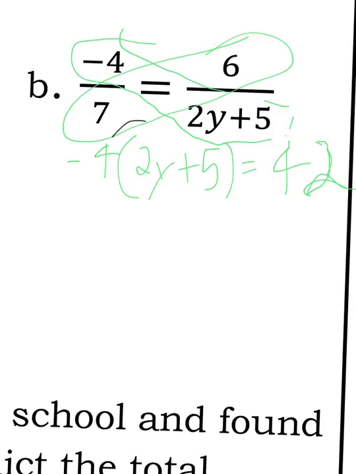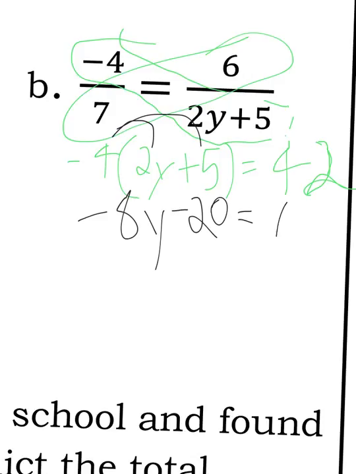Okay. Distribute. This is going to equal negative 8y. The negative 4 times 5 is negative 20. And that's 42. Okay. I got negative 8y minus 20. Next logical step would just be to add 20 over.